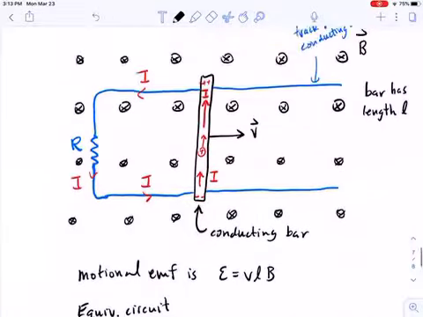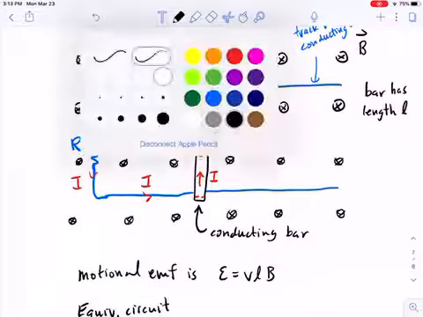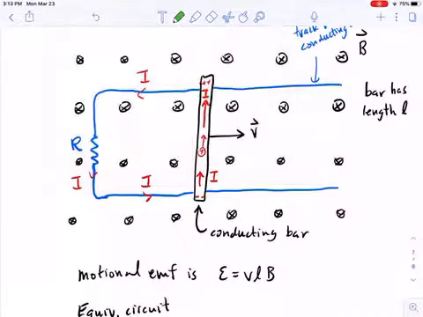Okay, now let's think about this a little bit, because we know that, let's do it in black, the magnetic force on a current, something we just worked out, was I L cross B. Remember how the L vector was defined: it was a vector with a magnitude of length L, and its direction was in the direction of the current.